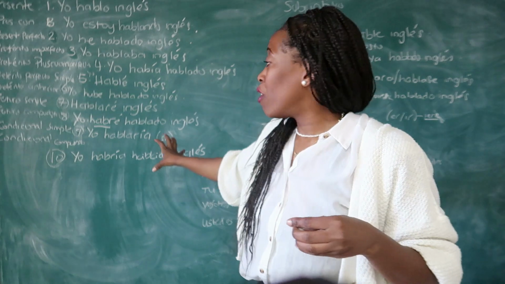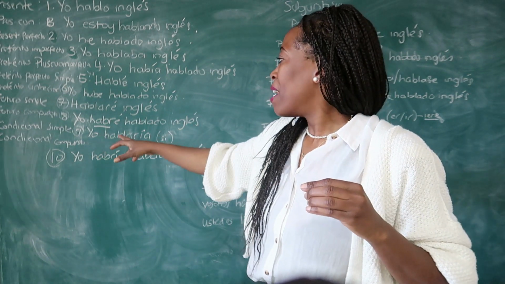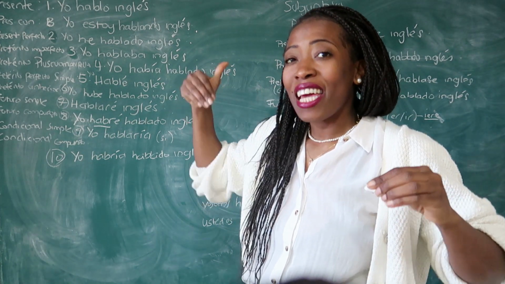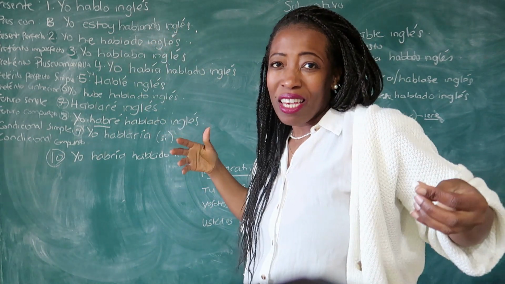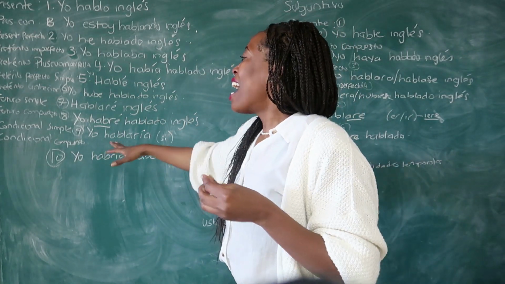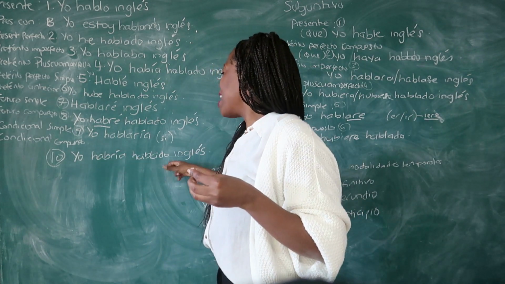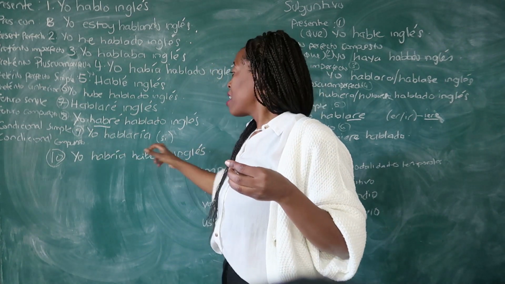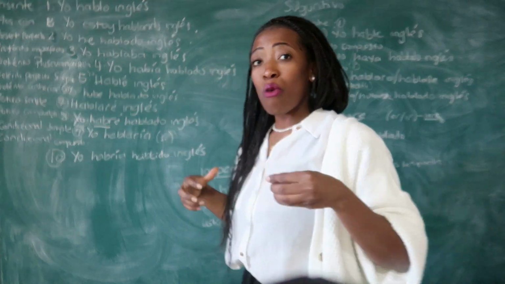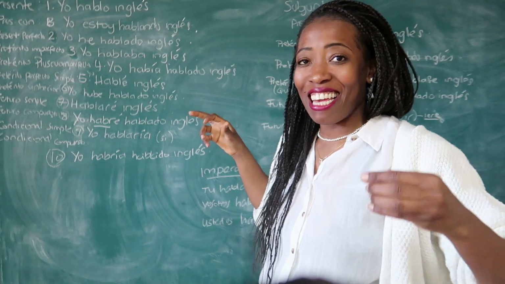It normally goes with an if clause. So, yo hablaría. I would speak if they'd let me. Yo hablaría. And the condicional compuesto, yo habría hablado inglés. I would have spoken English. I would have. Yo habría hablado inglés.